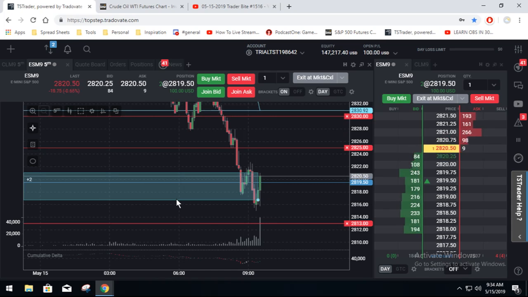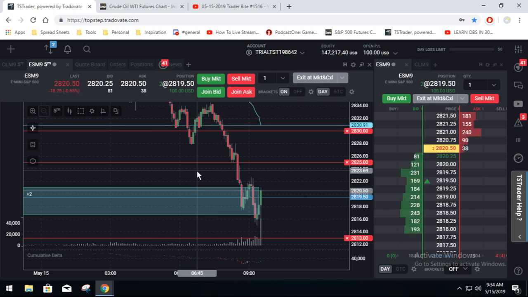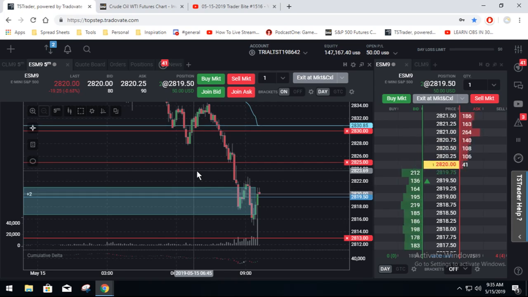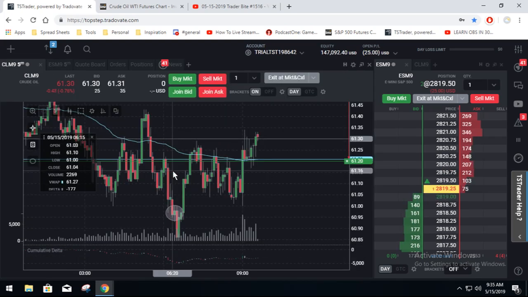Looking for them to take out overnight sells was the idea to the upside, and see how this turns out. Probably looking to hit first targets around 10 a.m. If not, we would be under pressure to manage this trade. Let's see what oil is doing based on the open.